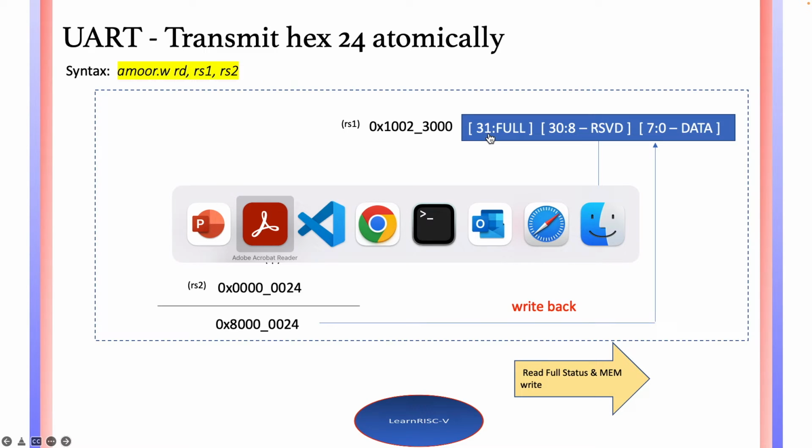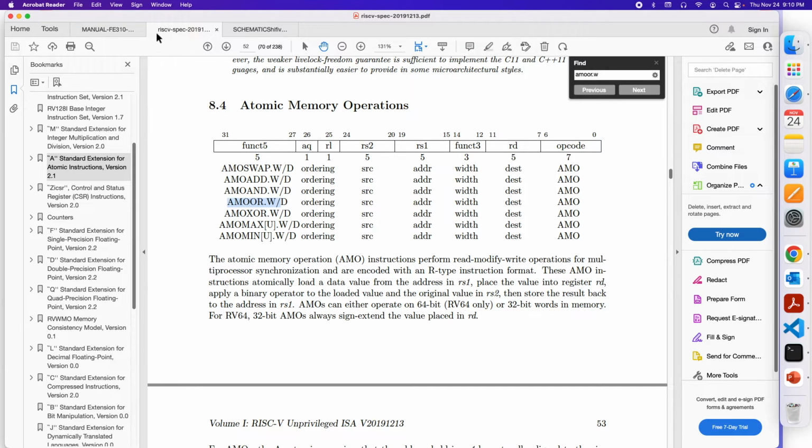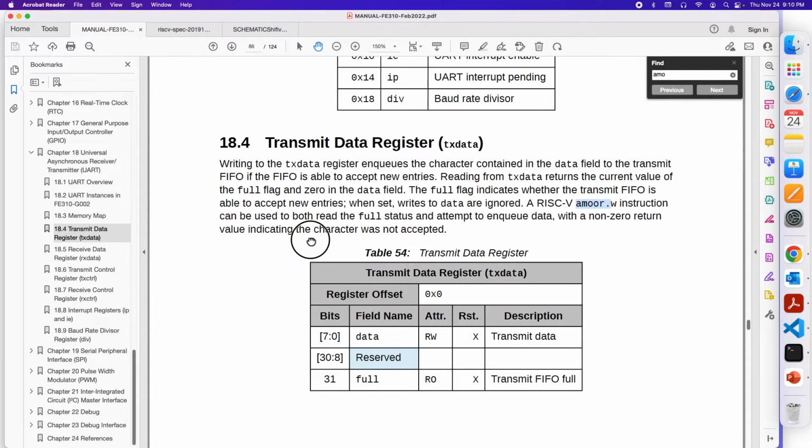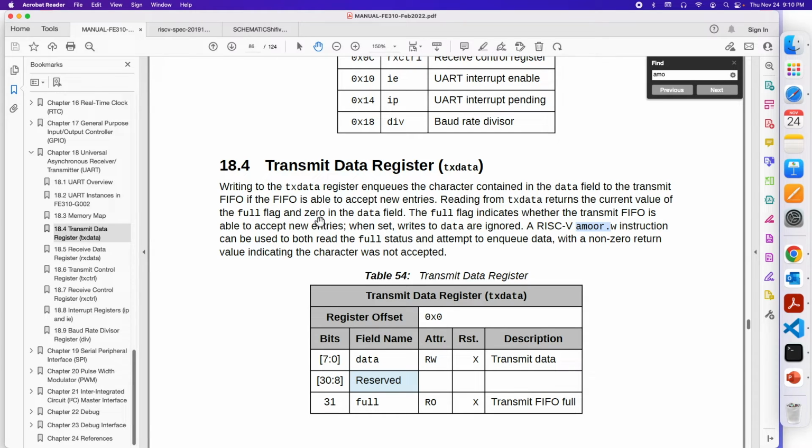So let's switch to the manual here. Reading from the TX data returns the current value of the full flag, which is nothing but the 31st bit position, and 0 in the data field.